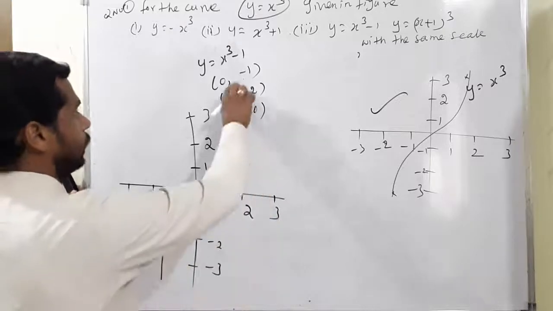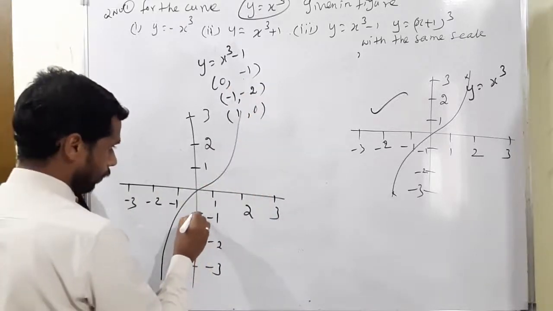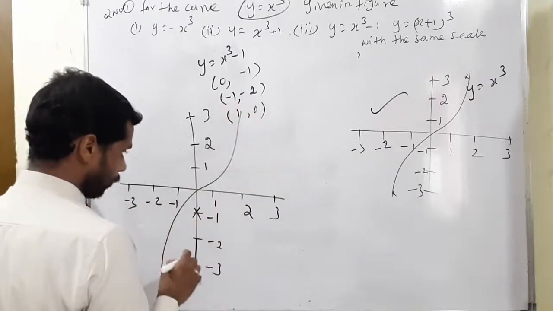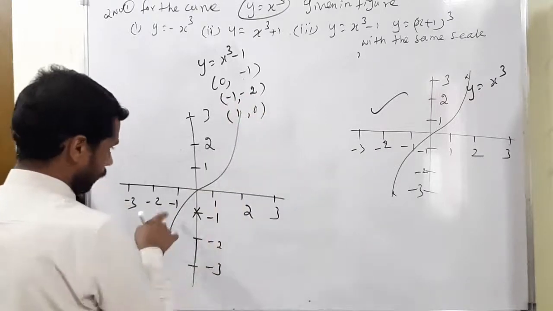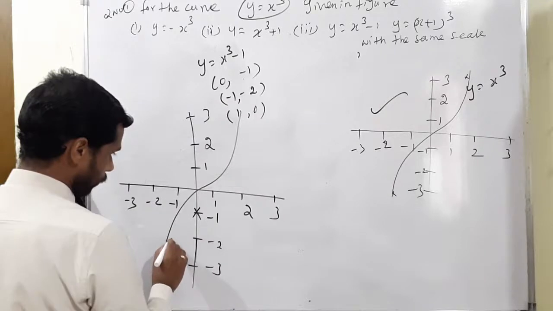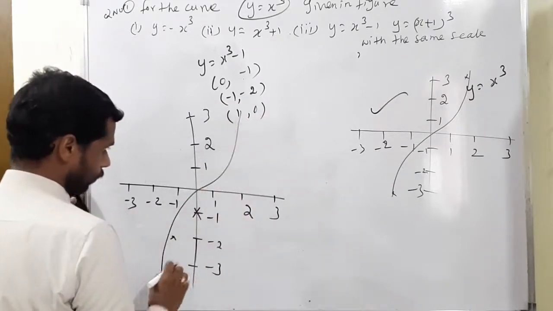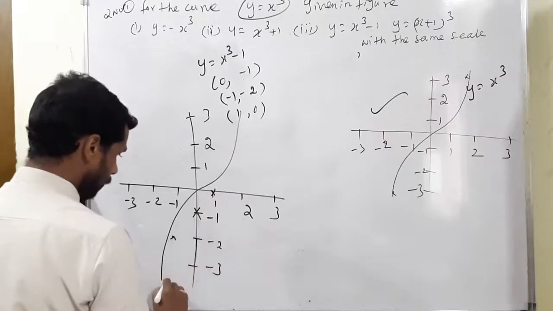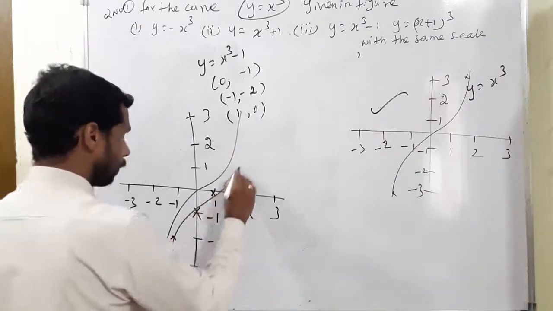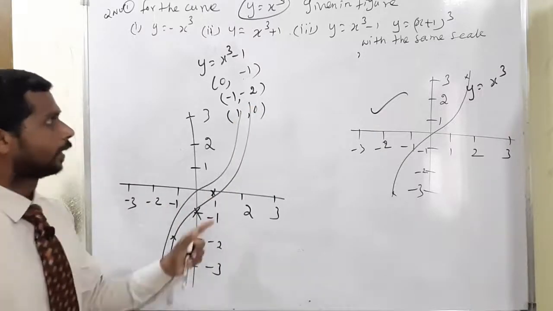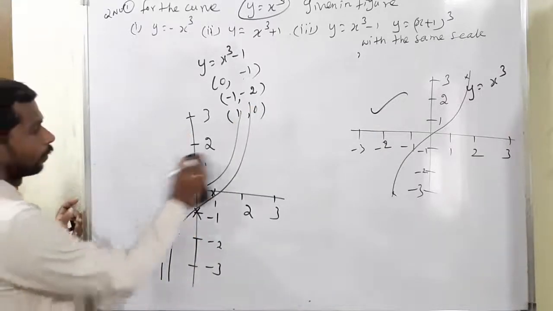The first condition 0, comma minus 1, on the y axis. Next case minus 1, comma minus 2, here. The next one 1, comma 0. So it will come inside, isn't it? This is the way inside of this, parallel to the same. Okay. Next one, the last one, subdivision 4.